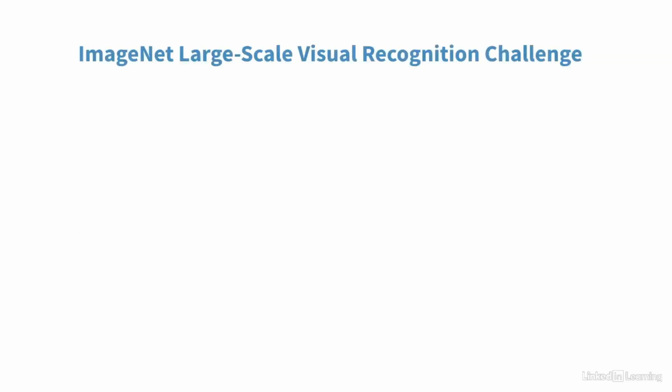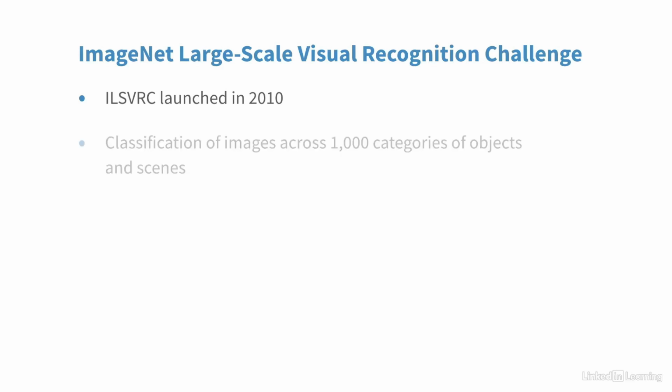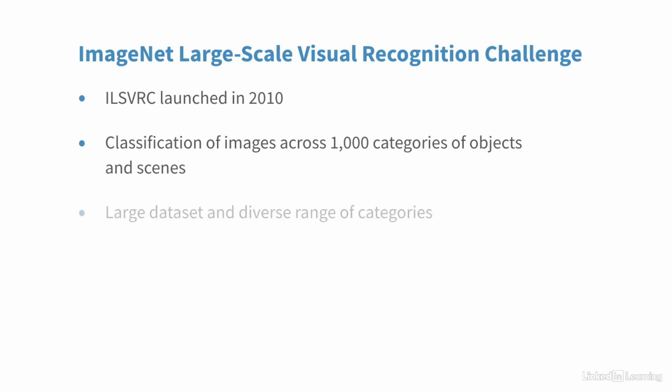In spite of a lukewarm reception and much criticism at the 2009 Computer Vision and Pattern Recognition Conference in Miami, Li decided she would launch the ImageNet Large-Scale Visual Recognition Challenge in 2010. In this challenge, competitors classified images of objects and scenes across 1,000 categories.